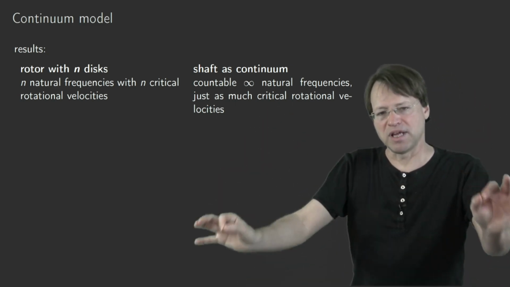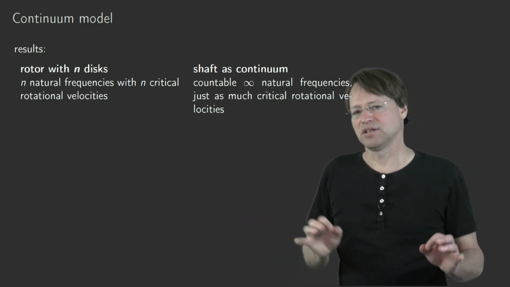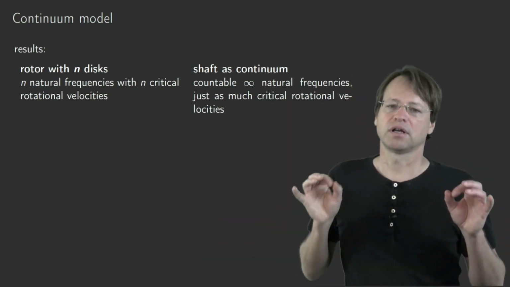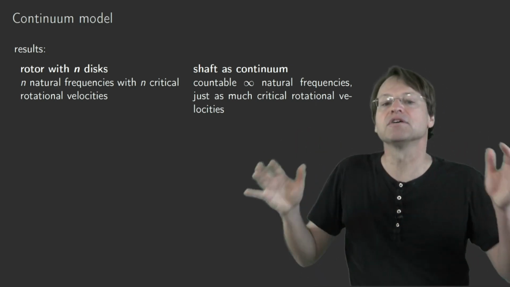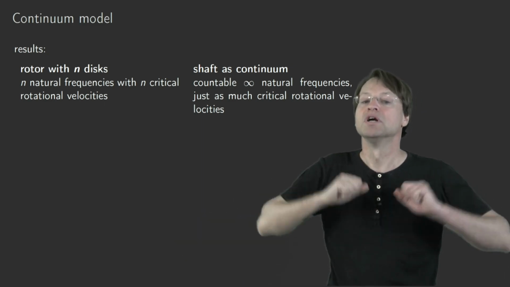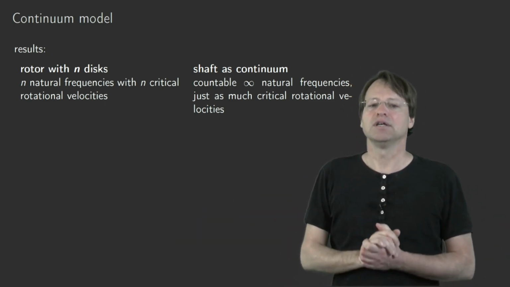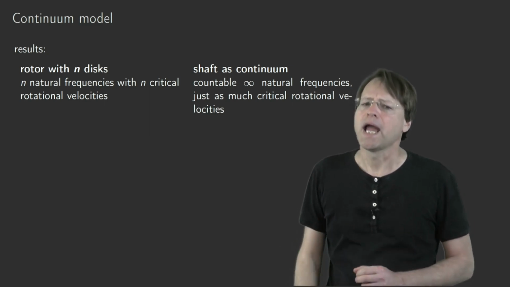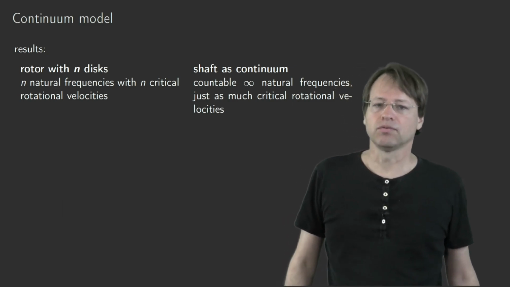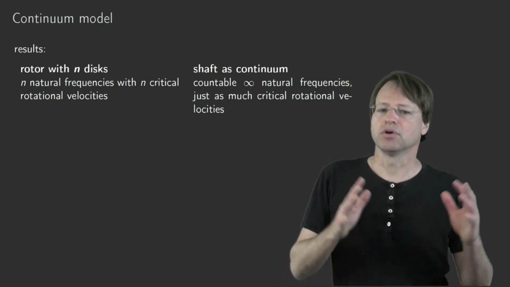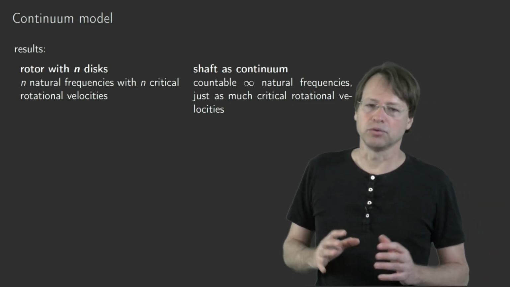So you have countably infinitely many natural frequencies and countably infinitely many critical speeds, but don't be afraid, there's much space for you in between these critical speeds to operate, so safely operate your rotor. No problem. And of course, very, very high critical speeds do not matter. You cannot approach infinity with your rotor, believe me.